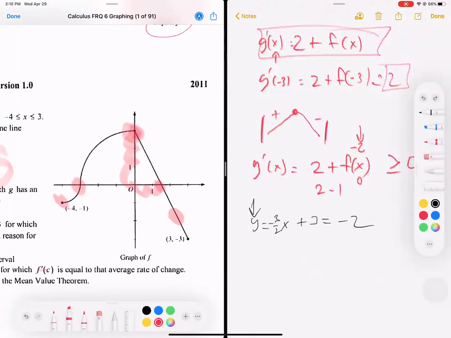And so if I solve it, moving over the 3, that's negative 3 over 2x equals negative 5. Multiplied by the reciprocal, x is equal to negative 5 over 1 times 2 over 3 negative. This becomes x is positive 10 over 3.